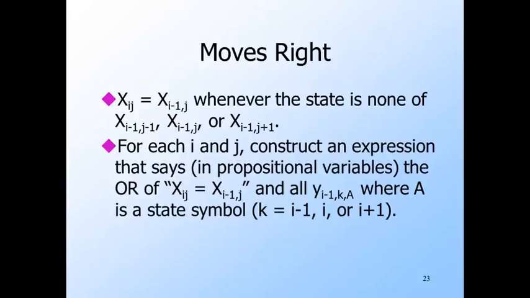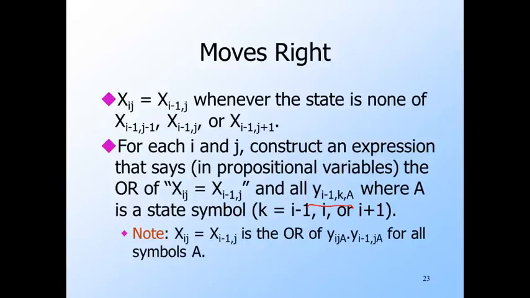So we're going to construct one sub-expression for each i and j saying that either x i j equals x i minus 1 j, or the state is lurking about. The idea that the state is lurking is the OR of those propositional variables y sub i minus 1 k a, where k is within 1 of j and a is a state symbol of M.